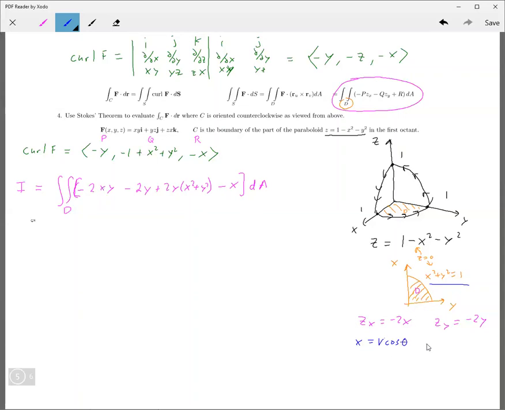So x is r cosine theta, and y is r sine theta, and to get this region right here, r goes from 0 to 1, and theta goes from 0 to 2 pi. Wait, not 2 pi. I don't know what I'm thinking. I'm just saying stuff without thinking.